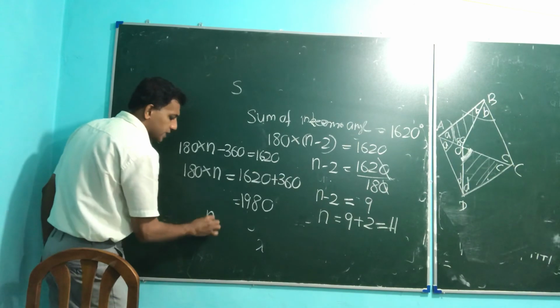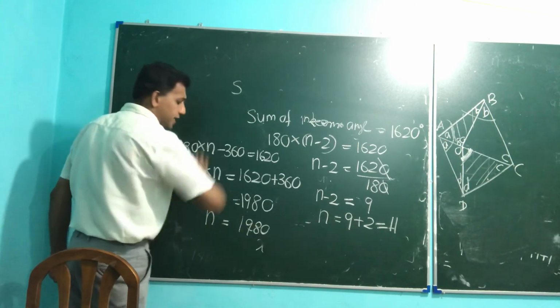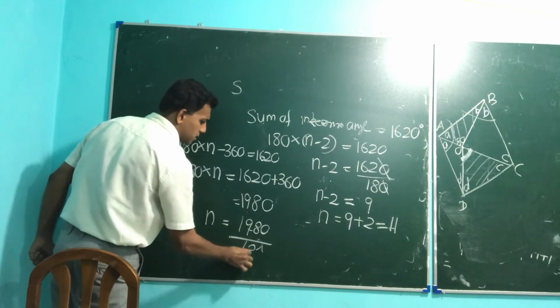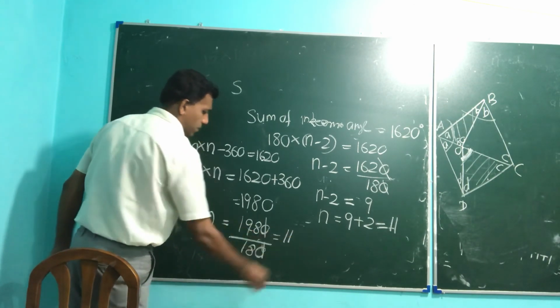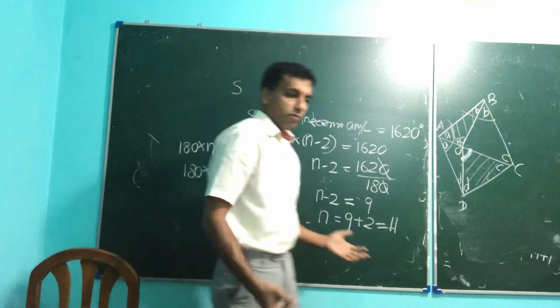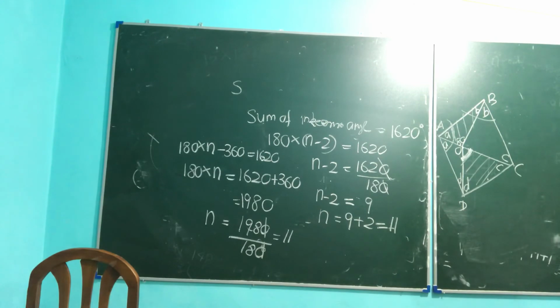So n equals 1980 divided by 180. 10 cancels. Check, is it 11? Yes. So very important, not only now, keep in touch. Any method you can use. That is the general formula, helpful to find the sum of the interior angles.